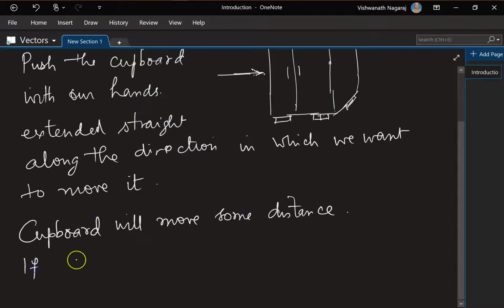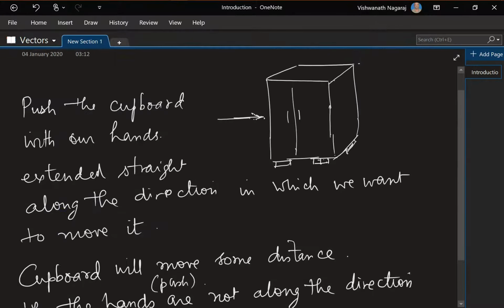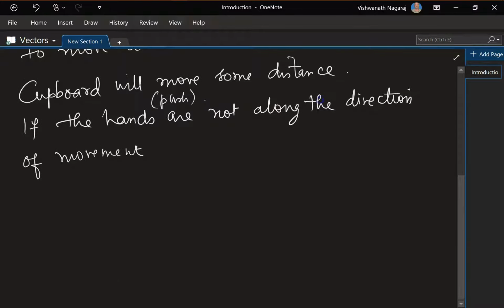Now, if the push is not along the direction of movement, that means it is at some angle, either up, down, or sideways.